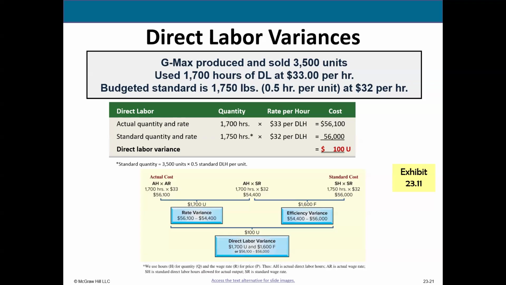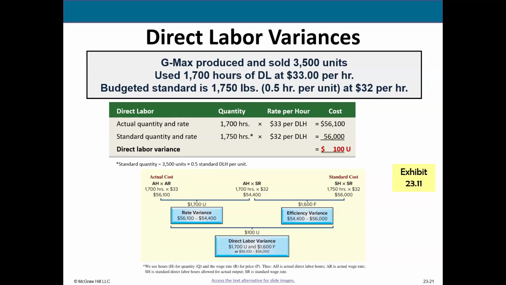So I can already see the difference here, right? 100 bucks. I then compute my middle variance, which is the actual hours times the standard rate, giving me 54,400. I can then compute the rate variance by taking the actual minus the variance, giving me a rate variance of 1,700.